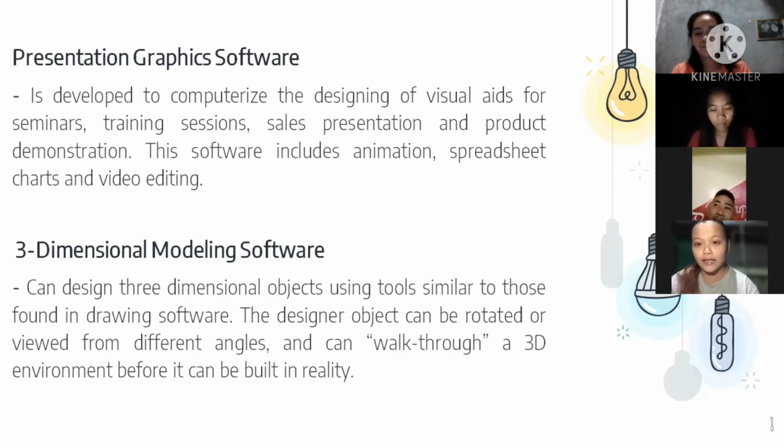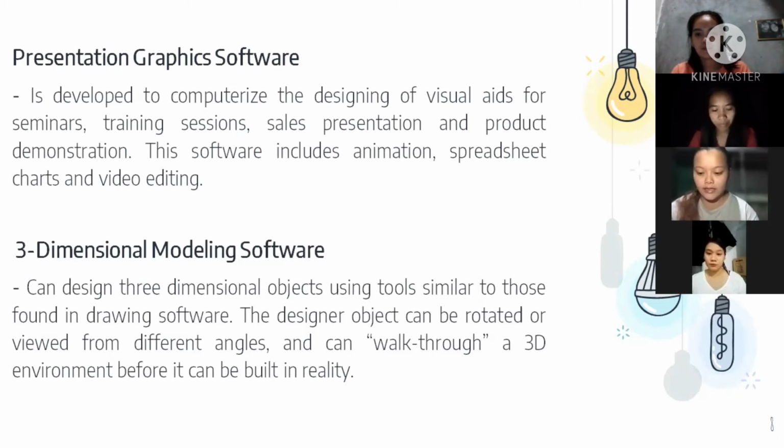So ang 3-dimensional software gin-develop ni siya para makakuha sang 3D object. Bisan ano nga angle makita ang picture or object nga ginhimo mo, daw reality siya nga makita mo ba.